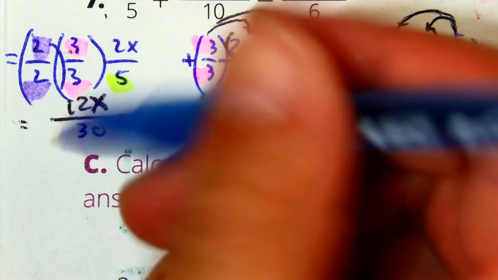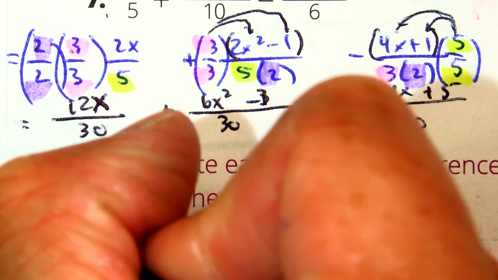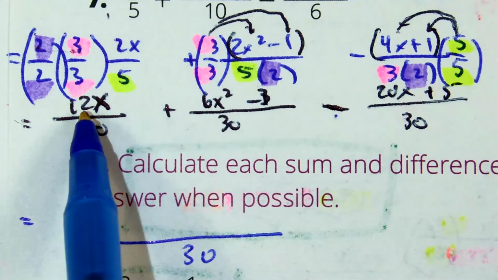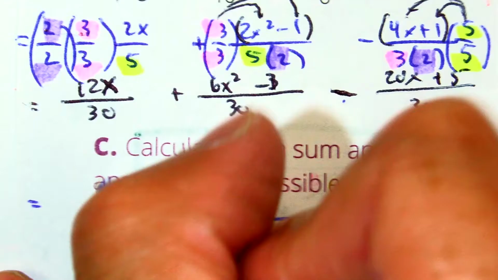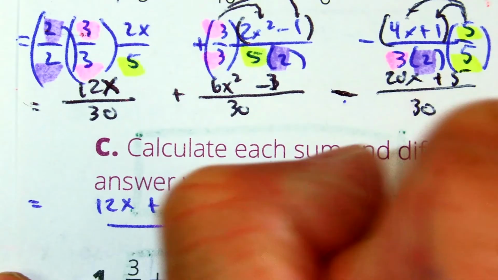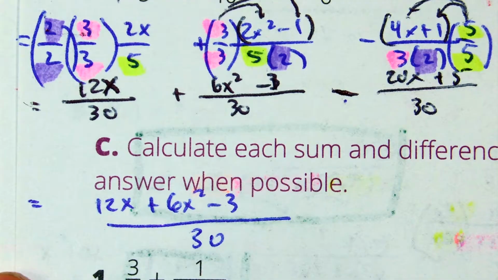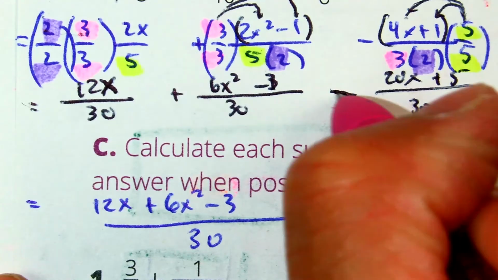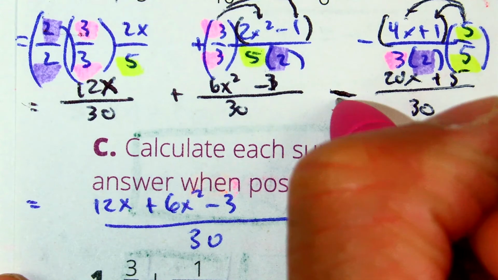So my denominator is all 30, and now I have 12x, 6x squared minus 3. And I chose to wait to distribute. So some of you already did a negative 5. That's fine.